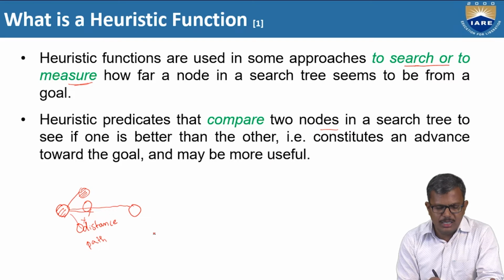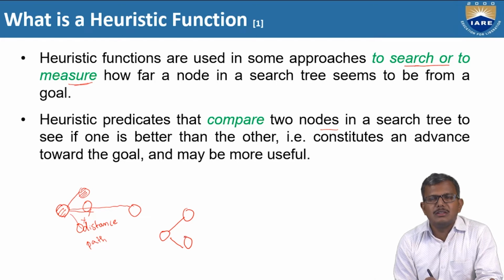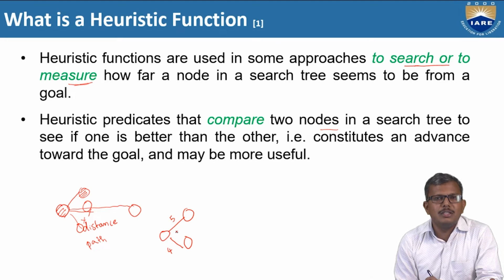Just now we mentioned that whenever there are two different paths from our current state or from the initial state, we have to select one. So whenever you apply a heuristic function, it is going to give some numerical value as output. Think that these are numerical values given by the heuristic function. You can treat them as weights, or as distances.